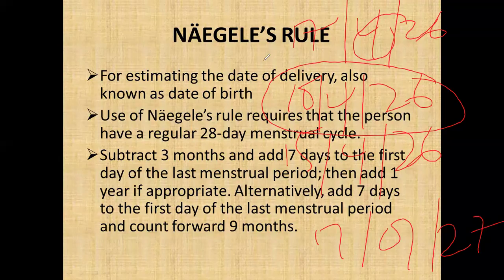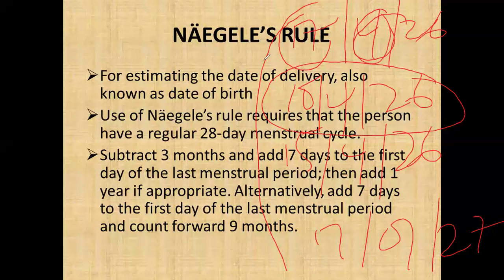Or you can decide to use the first rule, which is after adding the 7 days, you subtract 3 months from April. And so you are going to get 17th January 2026. Then it says that add 1 year to it if appropriate. So in this case, you would have to add 1 year to the 26, and then you get 27.